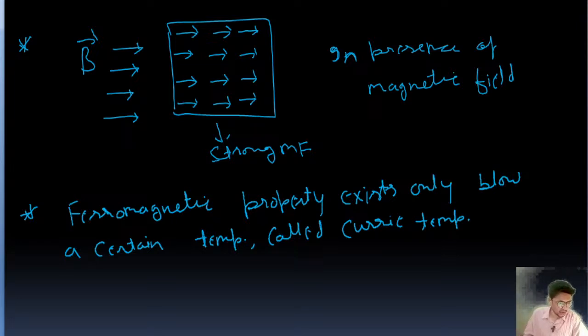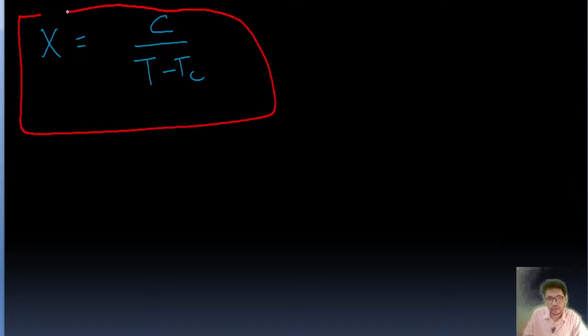Here the magnetic susceptibility, chi, for the ferromagnetic material is C upon T minus Tc. This is an important formula, guys, you need to note it down: C upon T minus Tc.